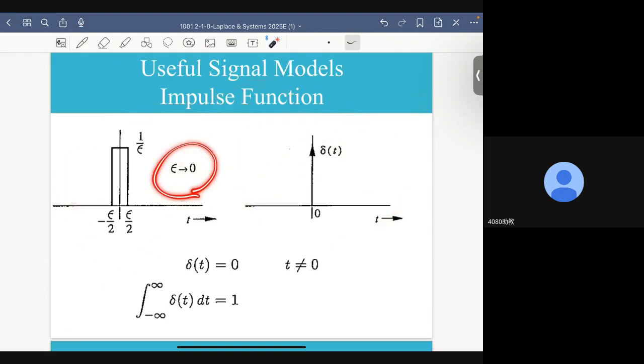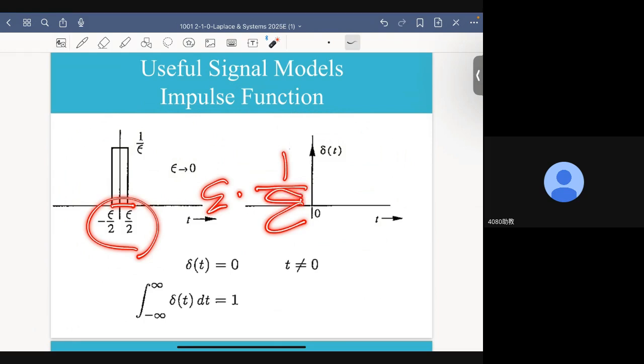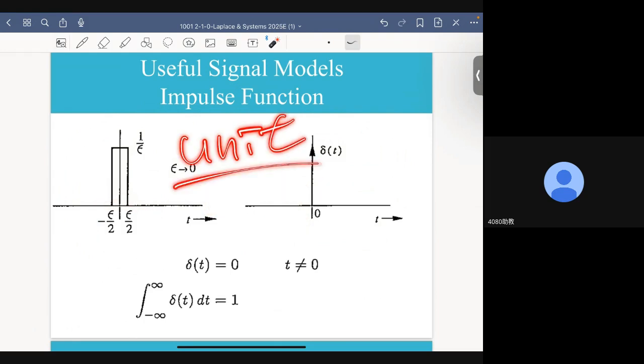No matter what epsilon is, based on the definition of this figure, we know that the area of these rectangles is always 1, since the height is 1 over epsilon and the width of the base is epsilon. So the area is always epsilon times 1 over epsilon, which gives us unit area, okay?